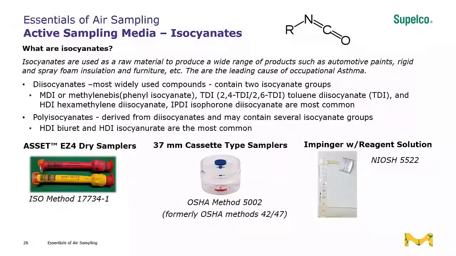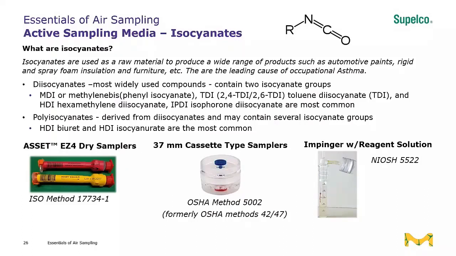If the contaminant group you're sampling for are isocyanates, I'm going to share some information on the different sampling devices available for those compounds. For those of you who do not know what isocyanates are, they are used in many of the common products that we use in everyday life, such as the painting on our automobiles.